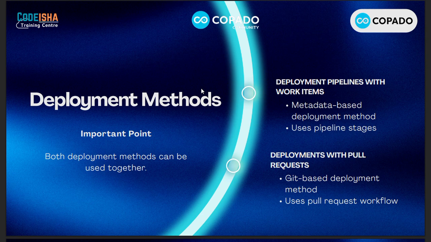And deployments with pull requests is a Git-based deployment method and uses the pull request workflow. Here is an important thing: both deployment methods can be used together. So we can do these deployments together: pipelines, work items, and pull requests.